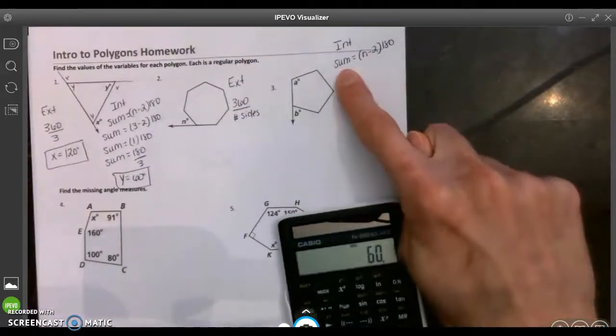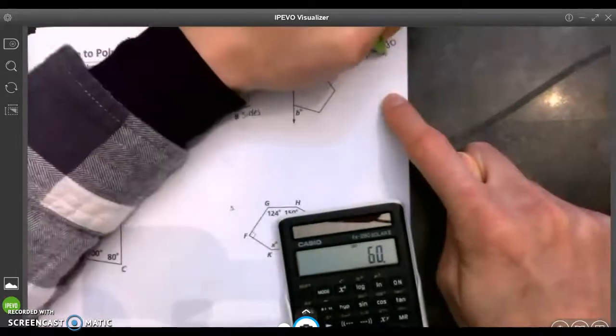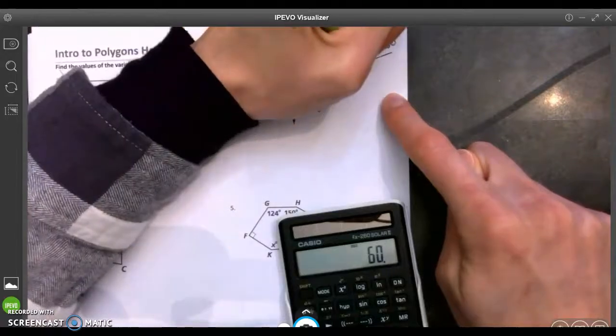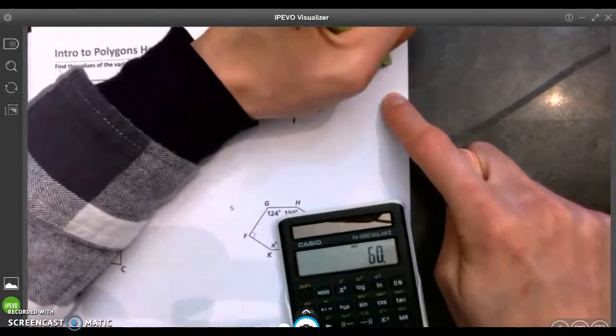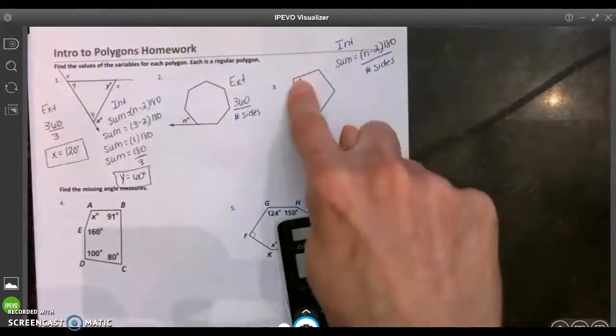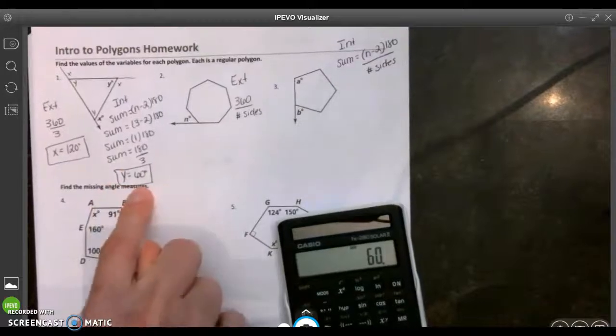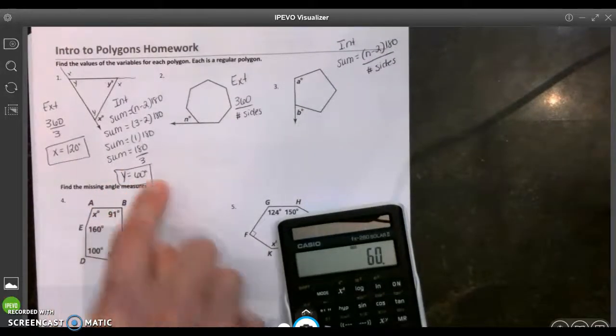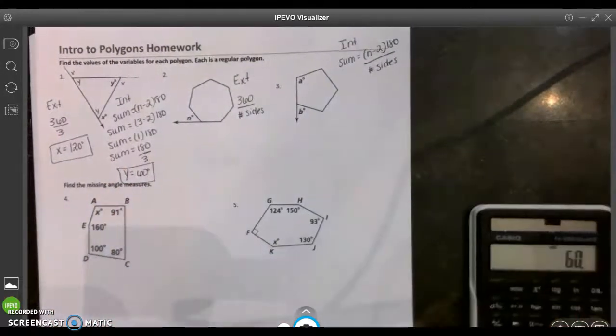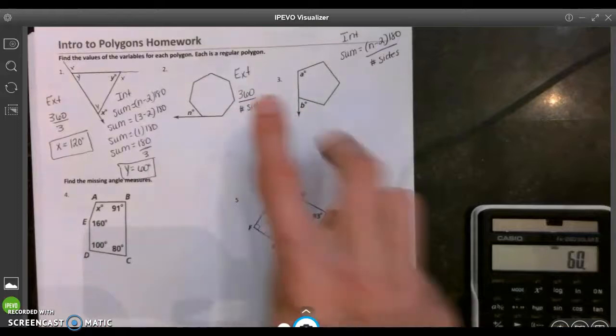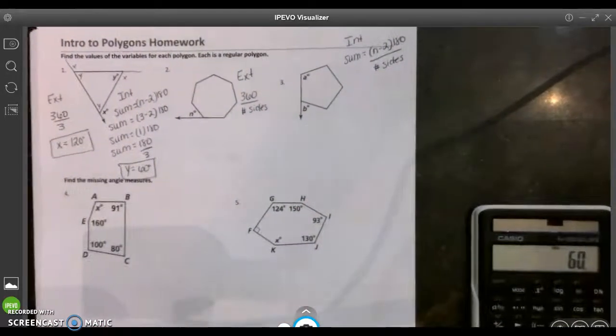That's going to get you the sum. Then, after you find that, you divide by the number of sides to get just that one angle. That's the work that I did over here. So when you're done, you're going to end up doing 5 problems: these 2 and 3 of them down here.